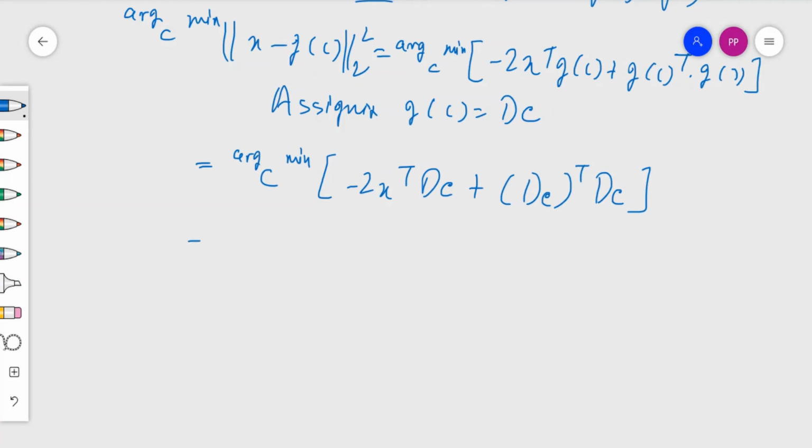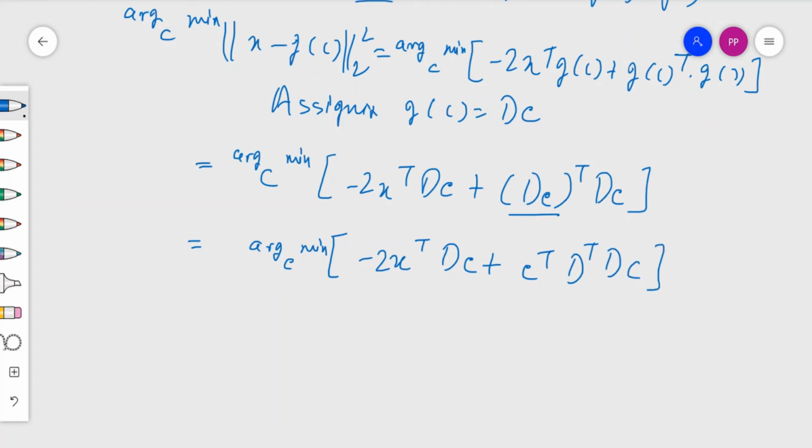So this is again equal to argmin over C of minus 2x transpose DC plus, if you break it, C transpose D transpose D C, like that.